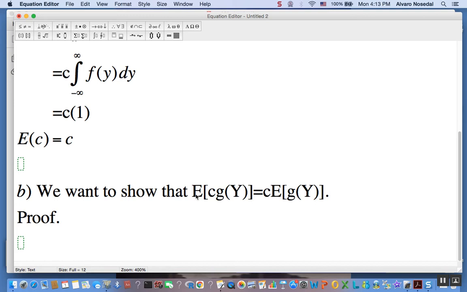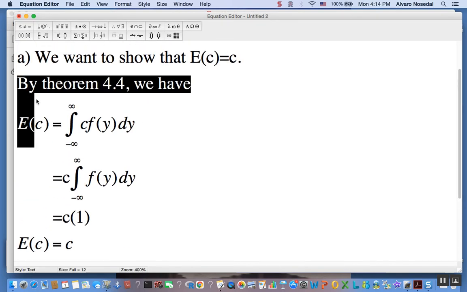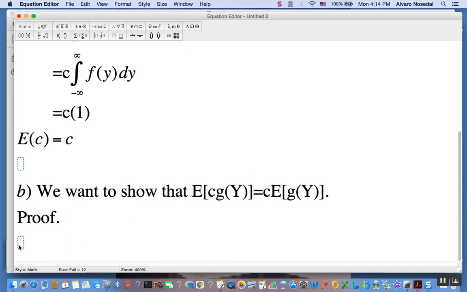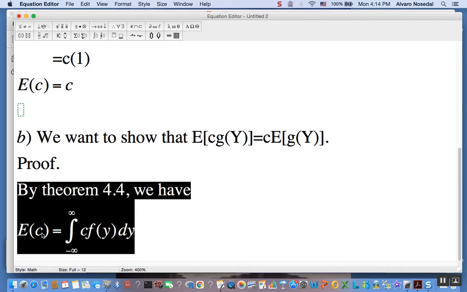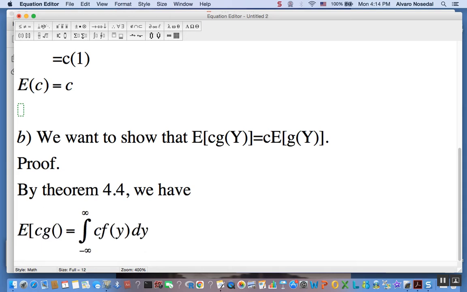Again, expected value of something. Let's use theorem 4.4. Again, let me borrow that part. But now instead of c, we have something slightly more complicated. We have c times g evaluated at y. Okay, so now what we have is g of y here.